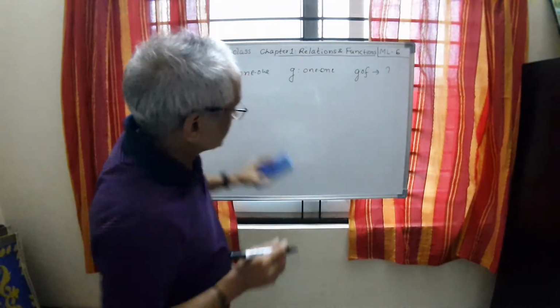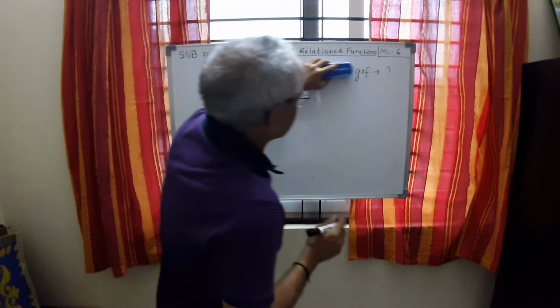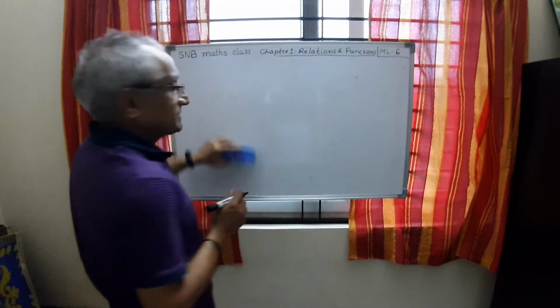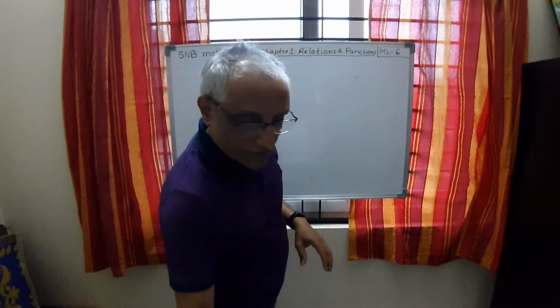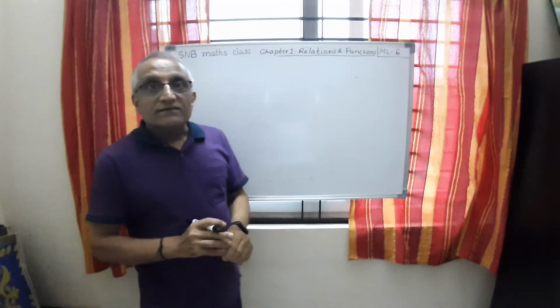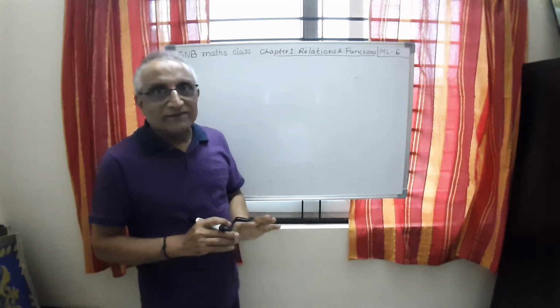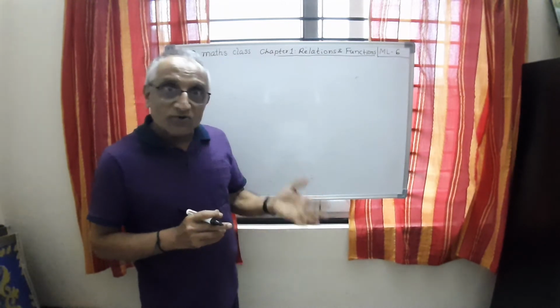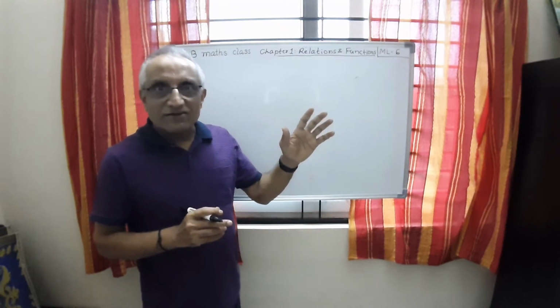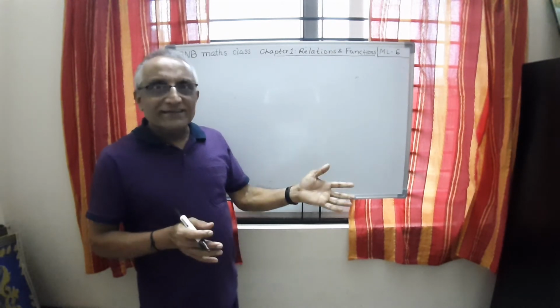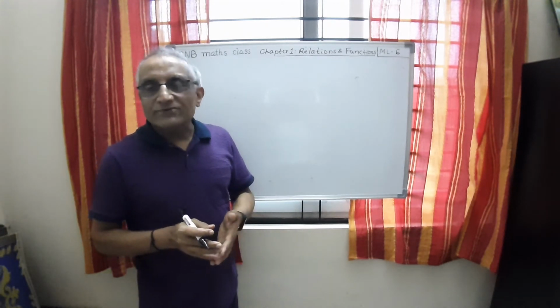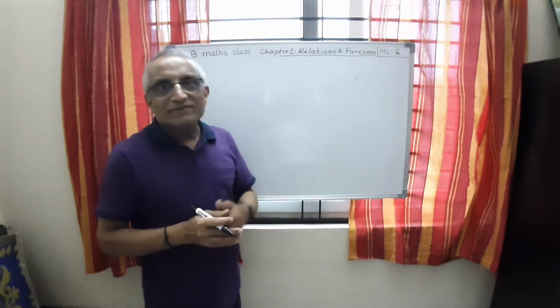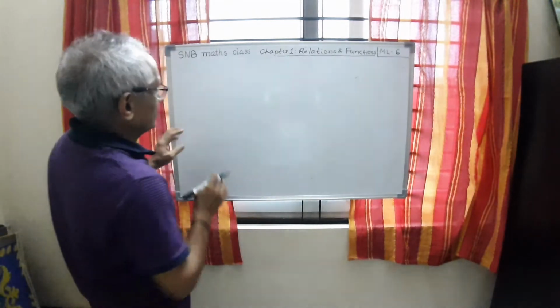So we shall study three important theorems. The theorem says this: if two functions are 1-1, the composite function is also 1-1. If two functions are onto, the composite function is also onto. Definitely, if two functions are bijective, the composite function should be bijective. So let us study this one.